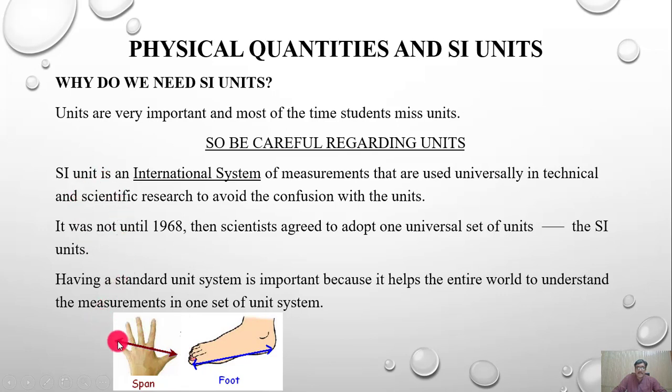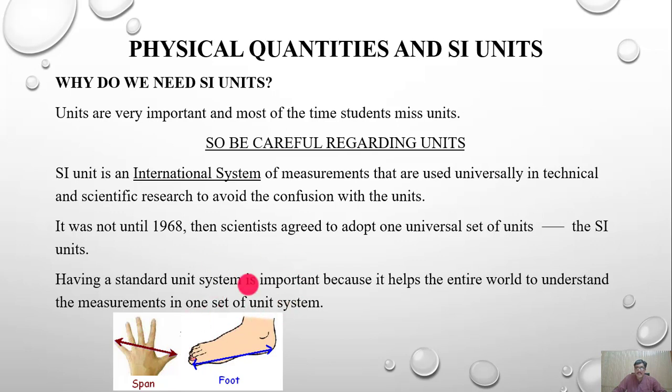Before 1968, for example, one person measured the length of a table and said that he measured 5 spans. But another person measured the length of the same table and said there is some difference, it is not 5 spans.